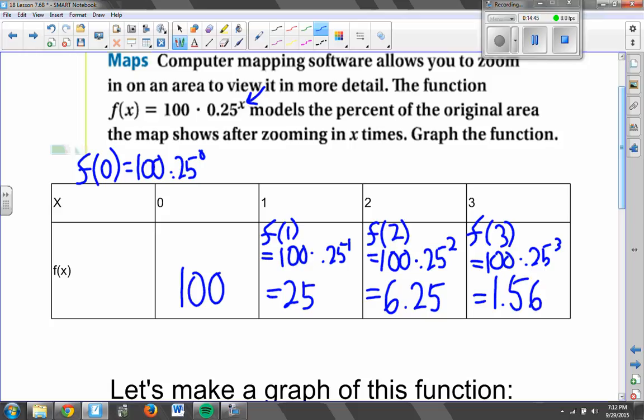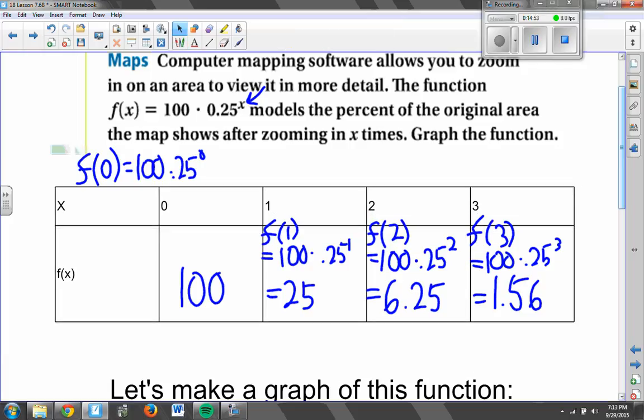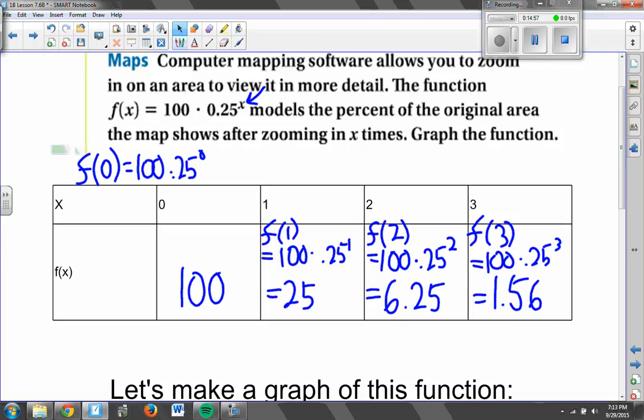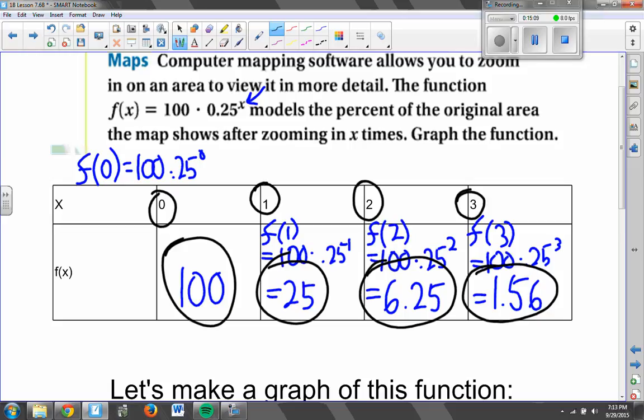So we can see now what our coordinate points are. We have our x values and our y values. Our only job now is to graph.